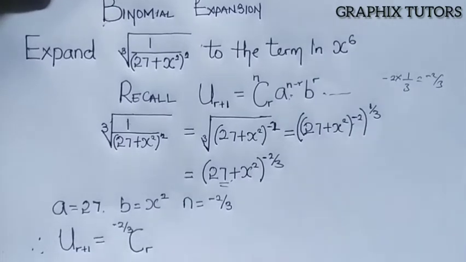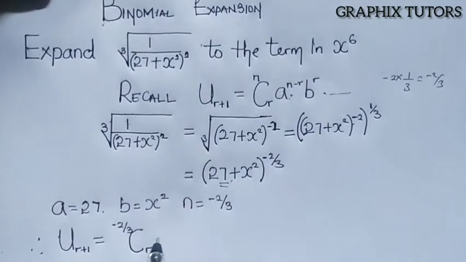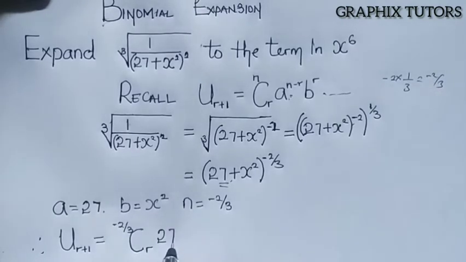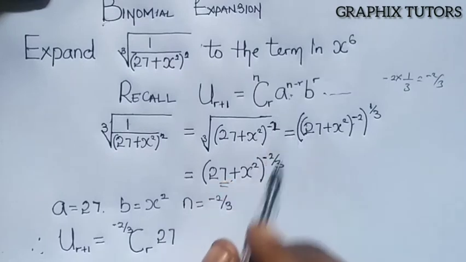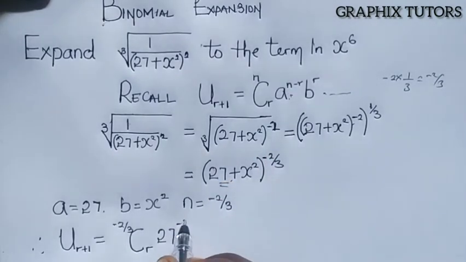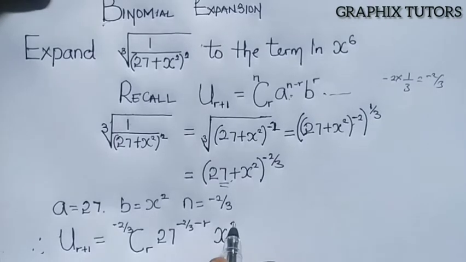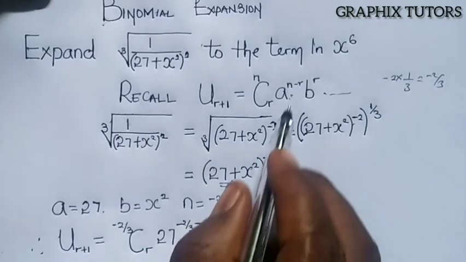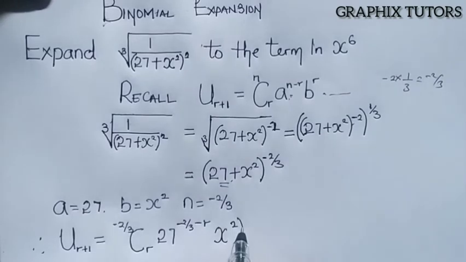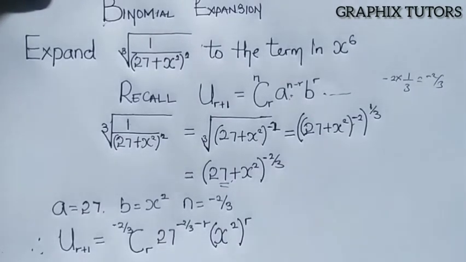Also, a is 27, so I'll have my 27 to the power of n minus r, what is my n? Minus 2 over 3, then we have minus r. b is x squared, so we have x squared, then raised to the power of r. So this is what we're having here.